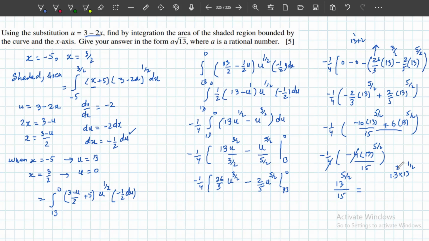So 13 square is basically 169. And 13 power 1 by 2 you can write as square root of 13 over 15. This is the last form which they want, a square root of 13. Or we can say 169 over 15 and square root of 13. So this is exactly the same form they want.